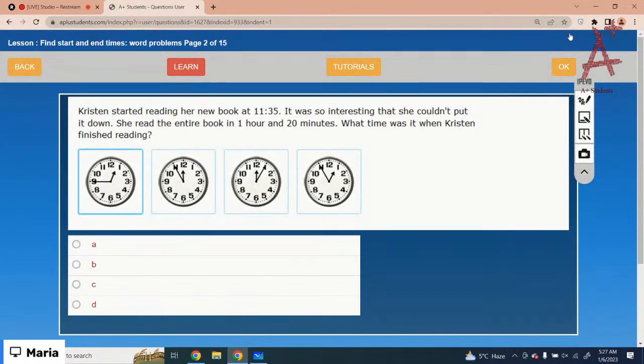Okay. The next one is Christine started reading her new book at 11:35. It was so interesting that she couldn't put it down. She read the entire book in 1 hour and 20 minutes. What time was it when Christine finished reading? So she started at 11:35.